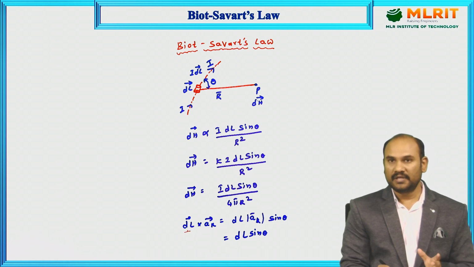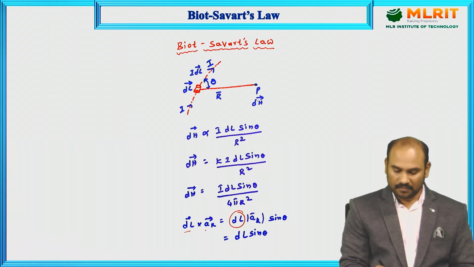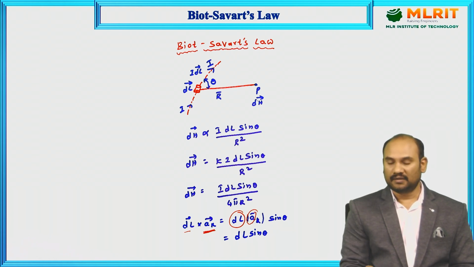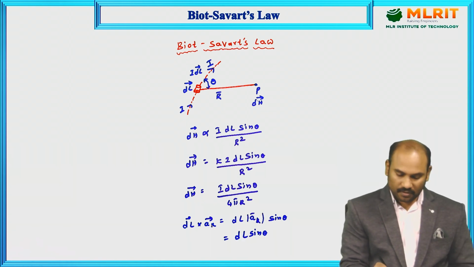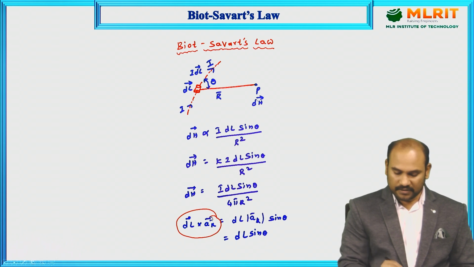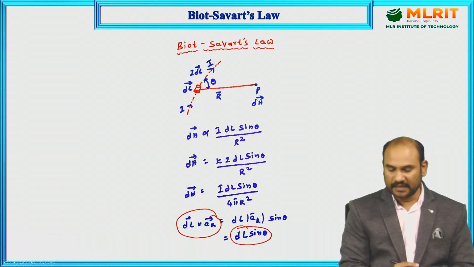Mod dl bar is dl. Mod B bar, that is mod aR bar. What is aR? A unit vector. What is its magnitude? Unity. Magnitude of a unit vector is 1. So what do you get here? dl, this is 1 and this is sin theta. dl sin theta. So dl bar cross aR bar can be replaced with dl sin theta.